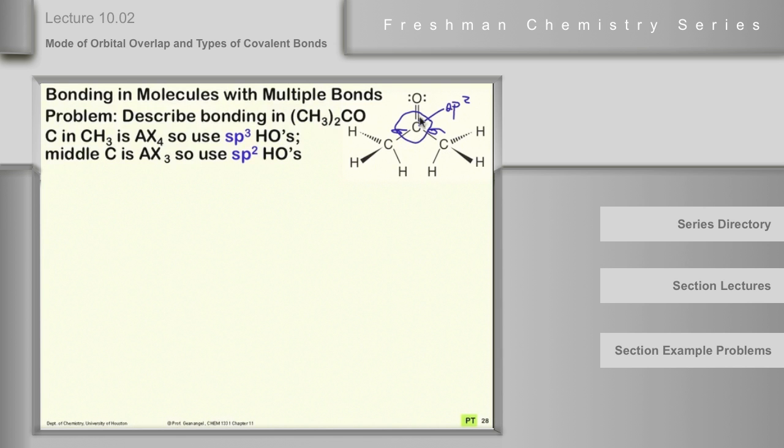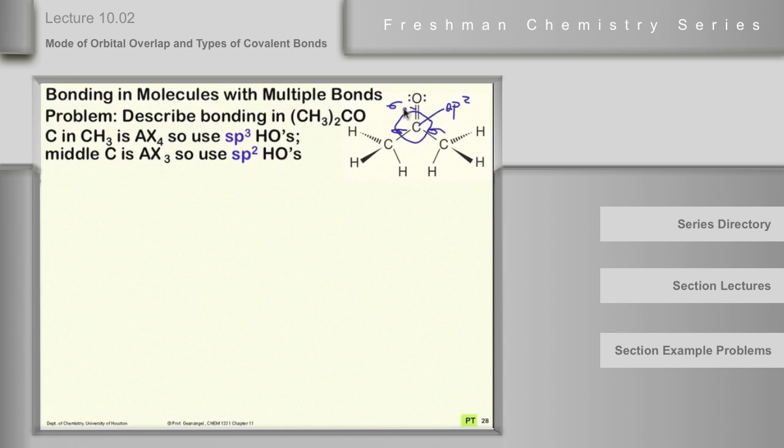And then the carbon-oxygen bond, it's a double bond, so it has a sigma, and the sigma will be carbon sp2 to oxygen what? What's oxygen going to be? How many electron groups? 3 electron groups, so oxygen is going to be sp2.